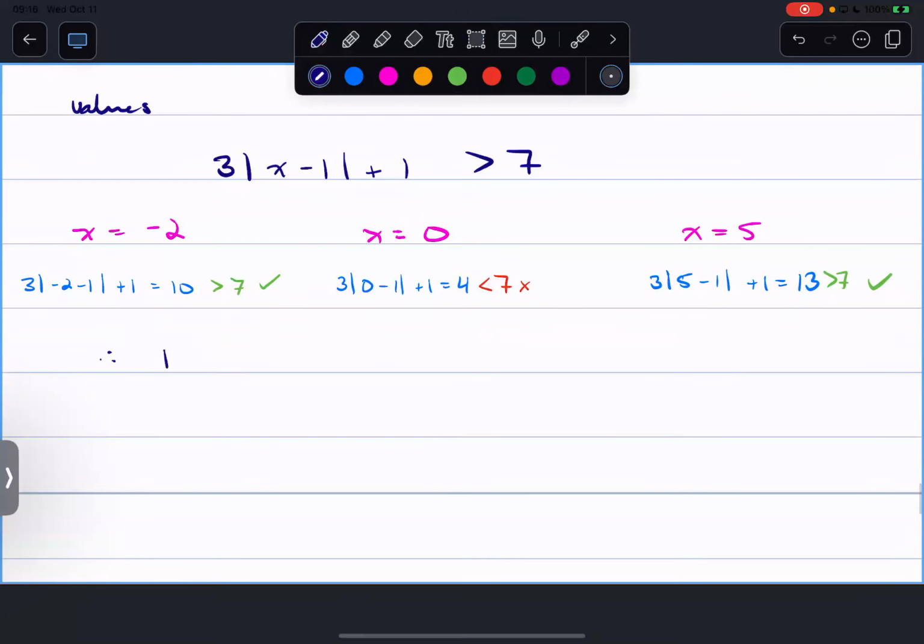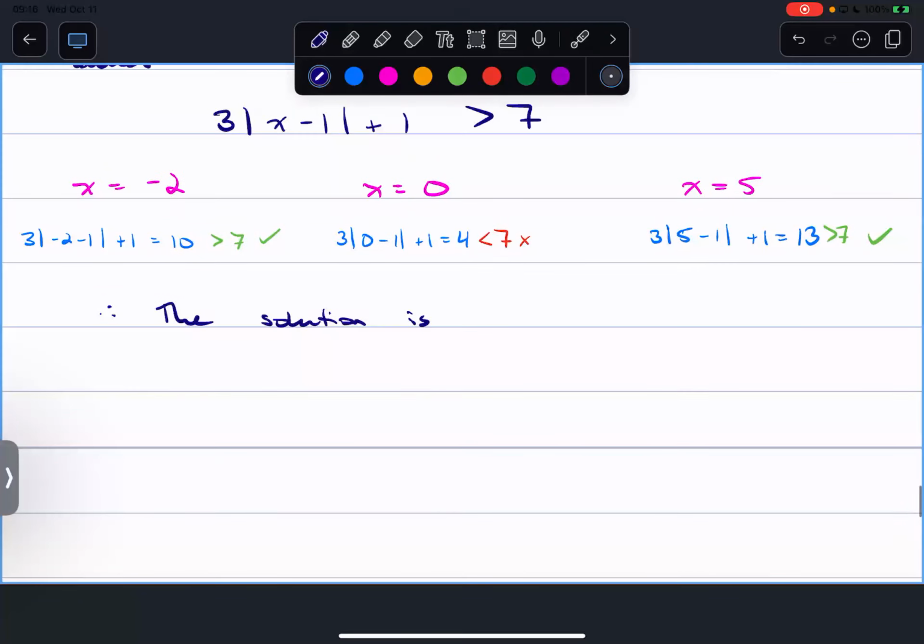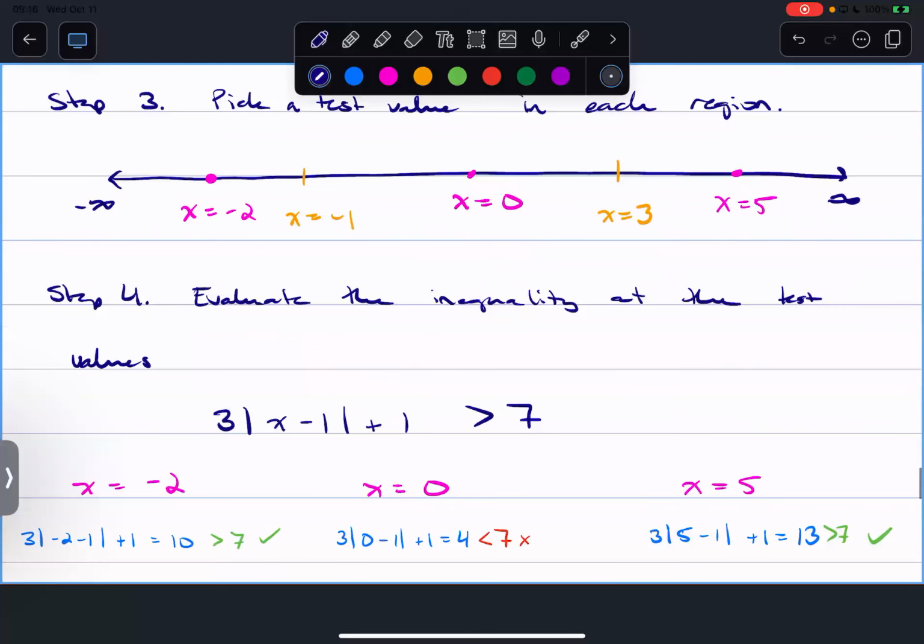Therefore, the solution is when x is from -infinity, right? Because what we arrived at was that this was a good region and this was a good region and this was a bad region. So now we just translate that into interval notation, usually.